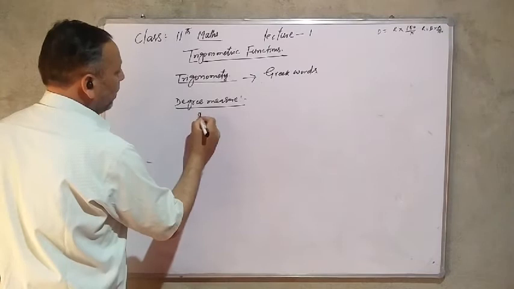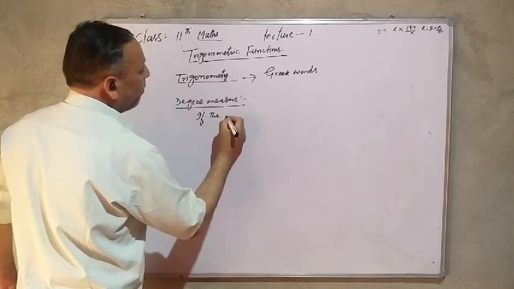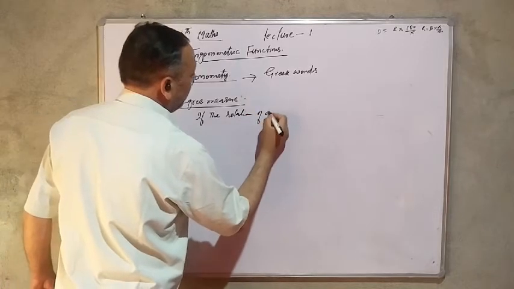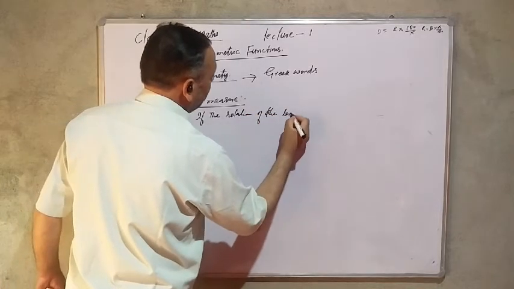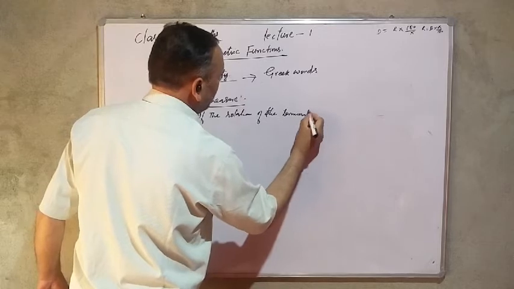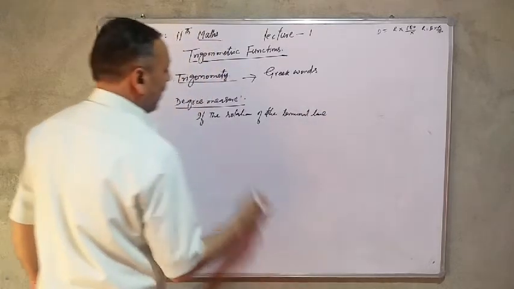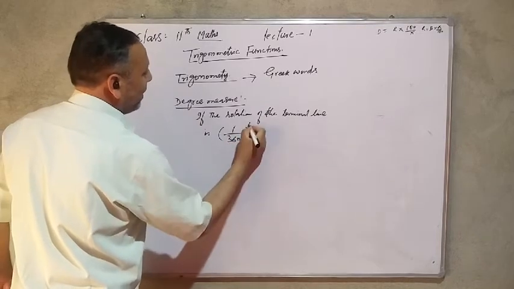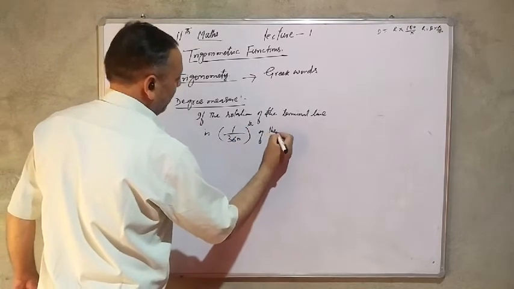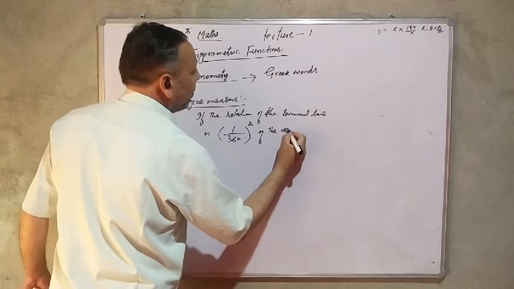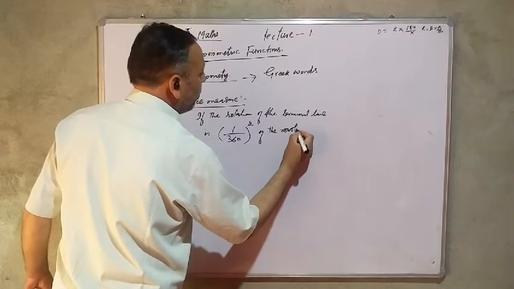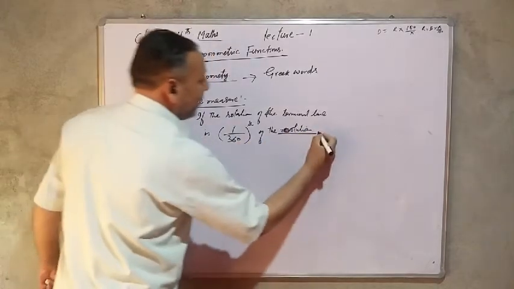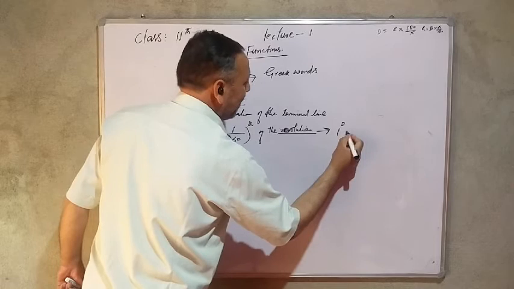So if the rotation of the terminal line is 1/360th of the revolution, then it describes a 1 degree angle.